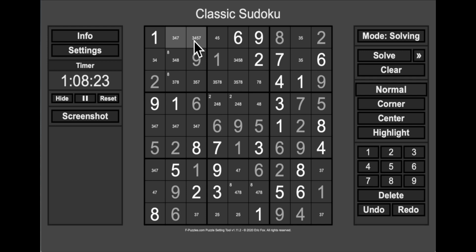Annoyingly, these could still be a 3 or 5. That's annoying. Now, we've definitely ruled 7 out from there and from there. So one of these two is definitely a 7, assuming the rest of this setup is correct.